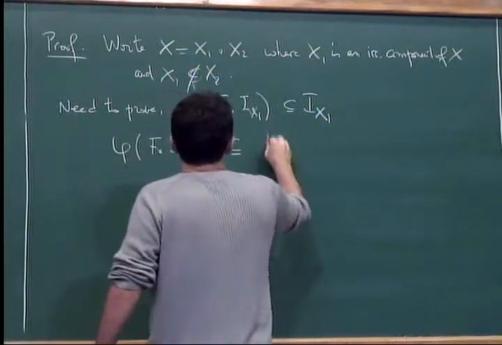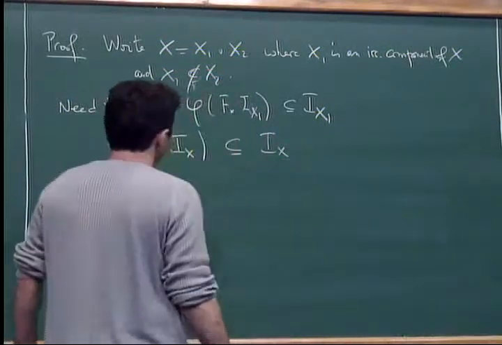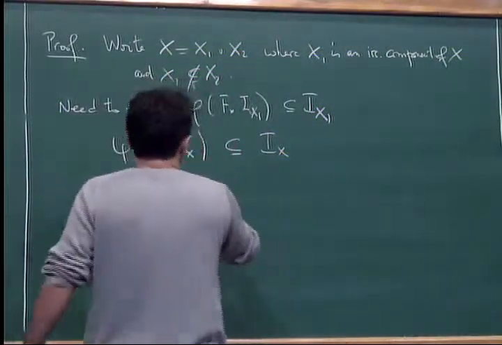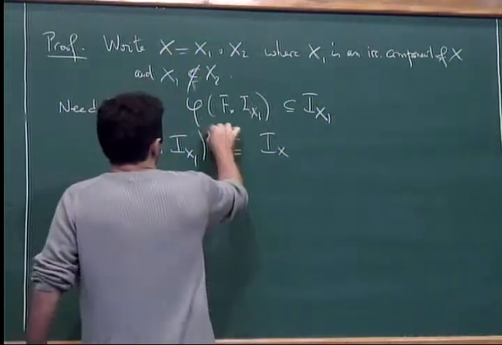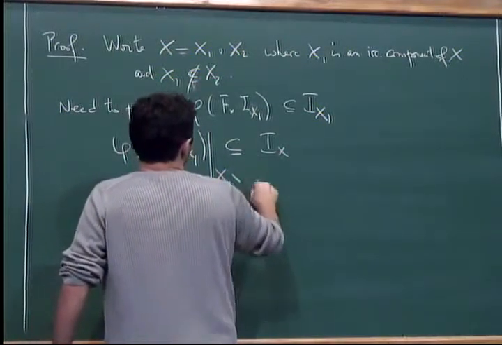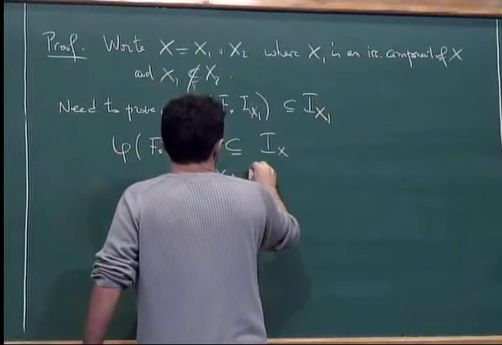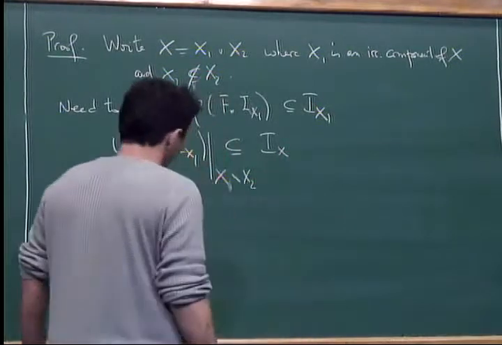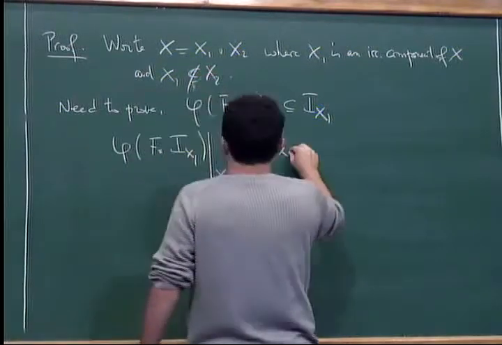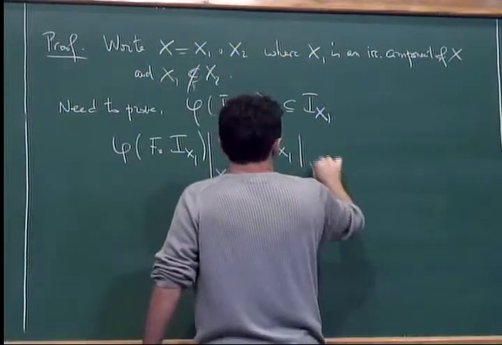You look at this image on X minus X2, which has to be a dense open subset in X1, and you look at the same here.